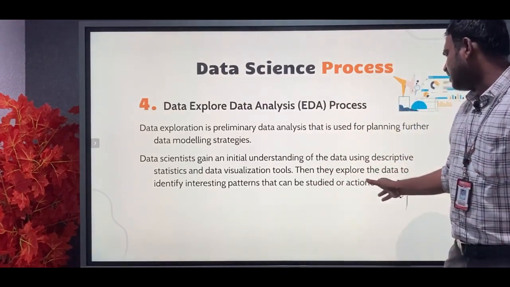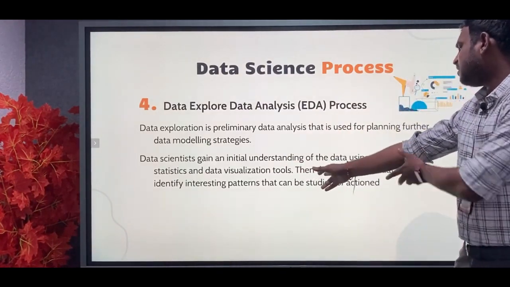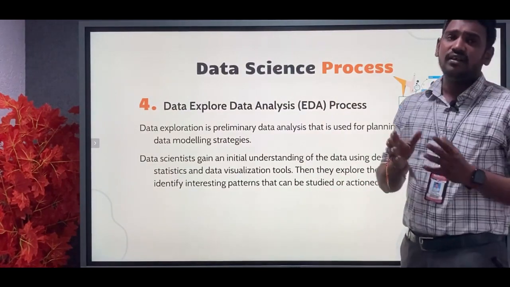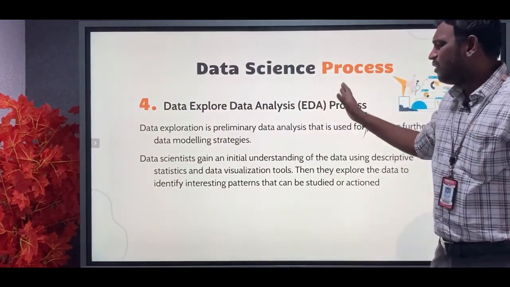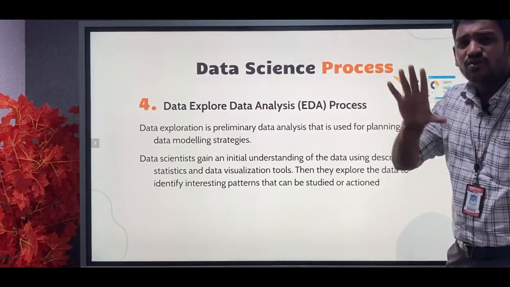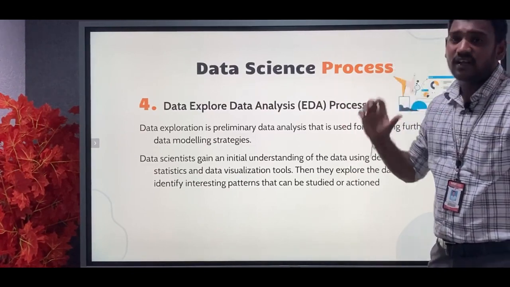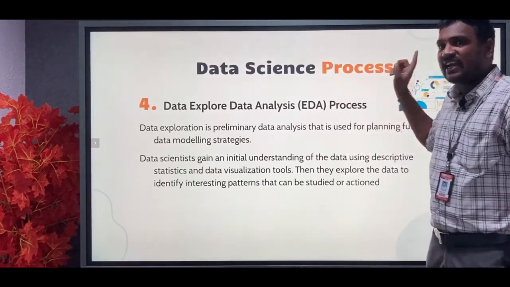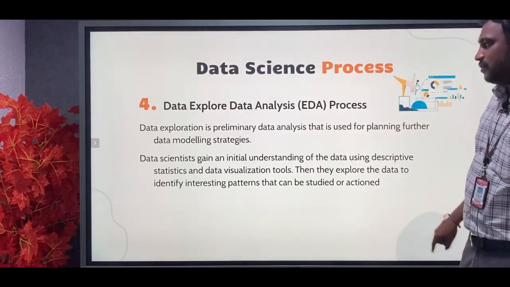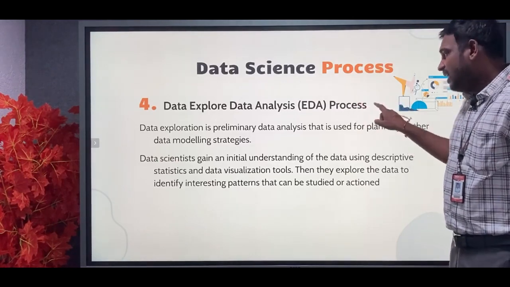Then they explore the data and identify interesting patterns that can be studied or acted on. Finally, I am telling you one thing about this step: it is just to understand the required things for data analysis. Those are considered in this particular step. So this is the fourth step, EDA.